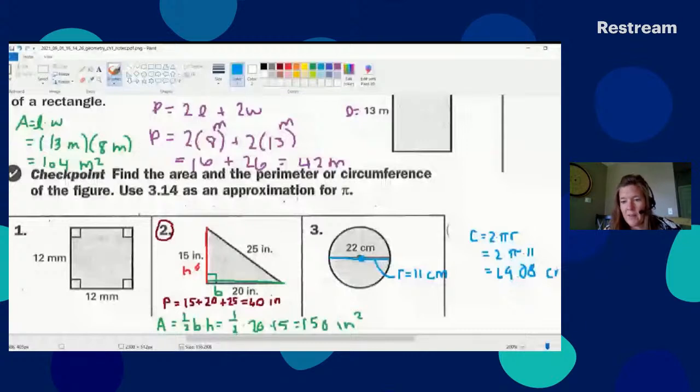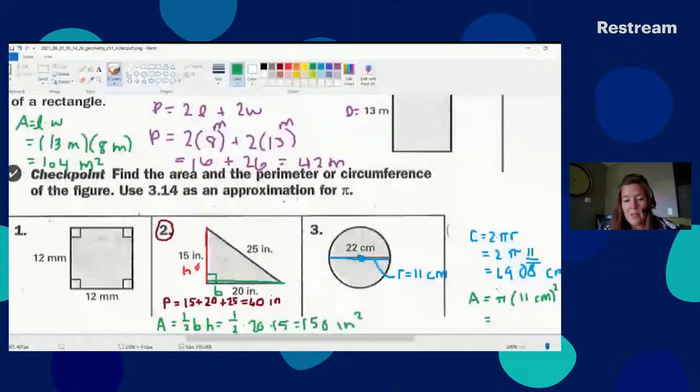Okay, and then we have area, and remember that's pi times the radius squared. So it's going to be pi times 11 centimeters squared. Okay, so you're going to use your calculator for this, right? You're going to do 11 squared, which is 121.